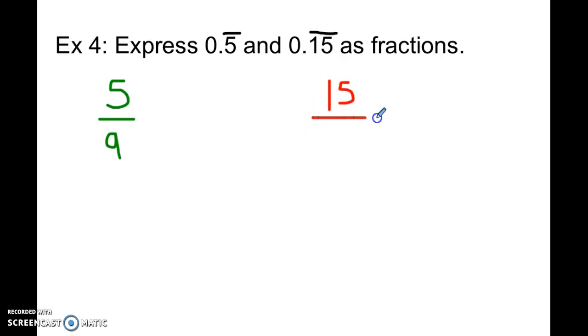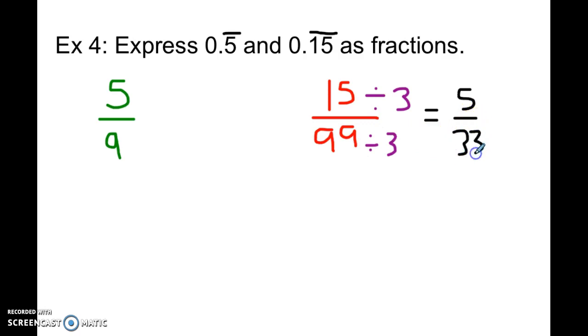Since there's 2 numbers repeating, I'm going to put that over 2 9s. 15 and 99, I can divide both of those by 3. 15 divided by 3 is going to give me 5. 99 divided by 3 is going to give me 33. So 0.15 repeating will simplify to 5/33.